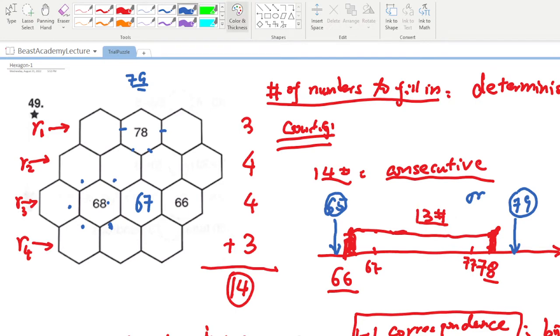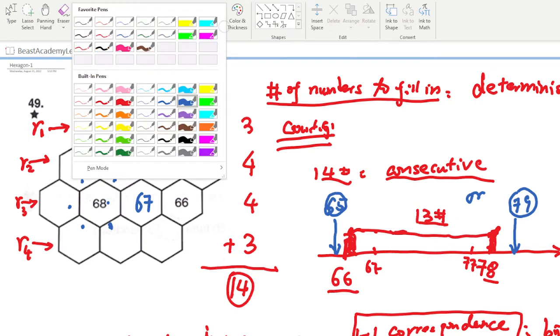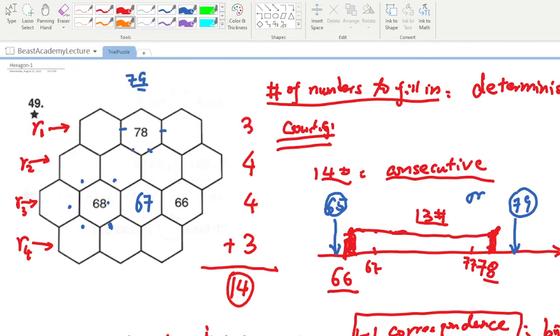So what's the problem with this cell? Does this cell become isolated? Let me repeat what I'm saying. If we need to add the 79, the 79 can go here, can go here, can go here, and can go here.